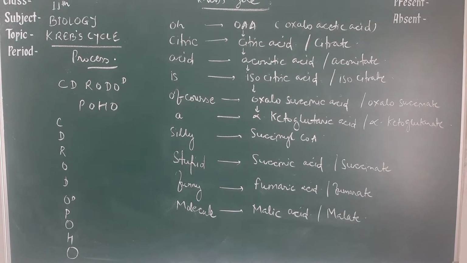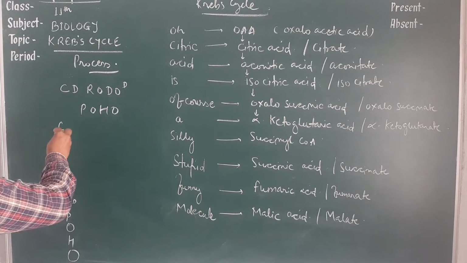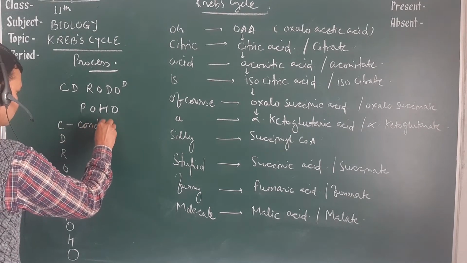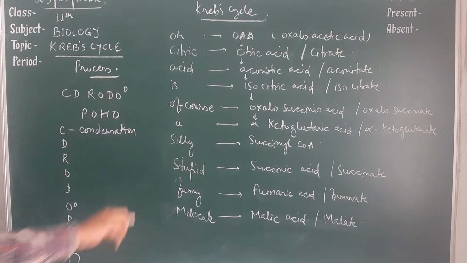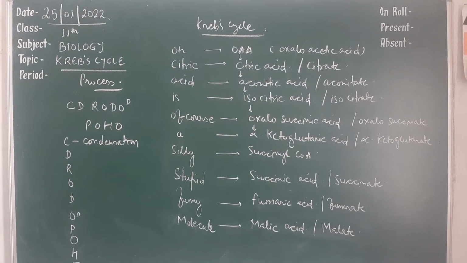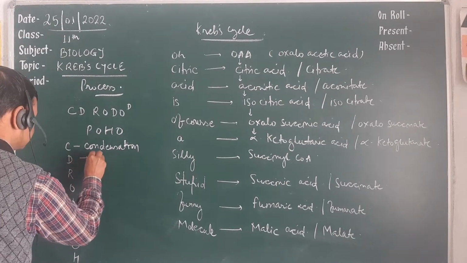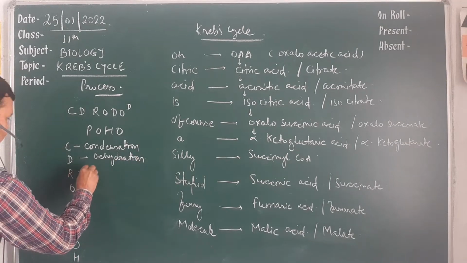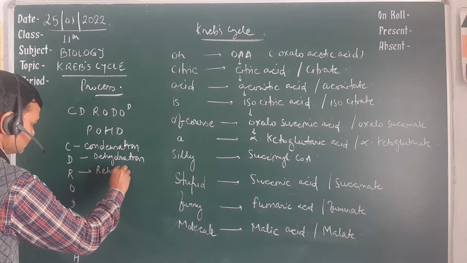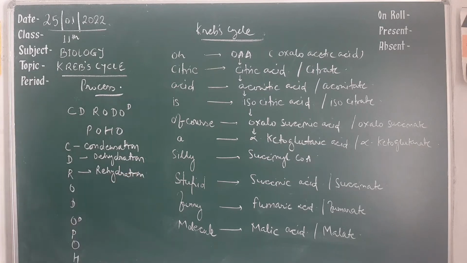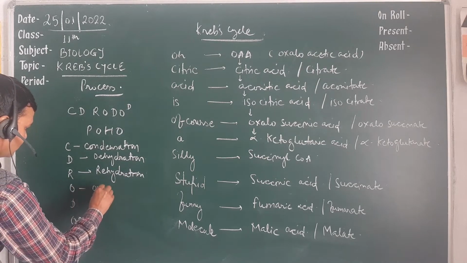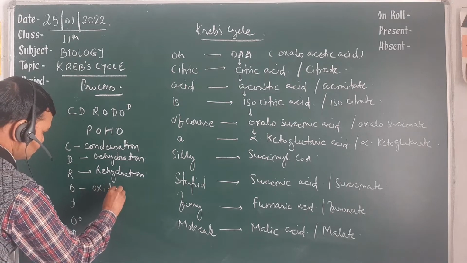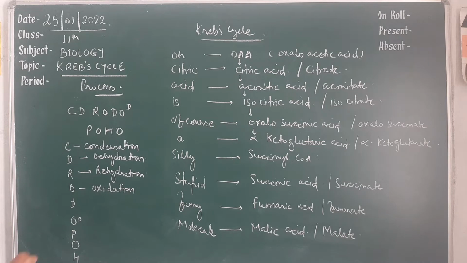Now, what is the meaning of these words? The alphabet C stands for condensation. The alphabet D stands for dehydration. R stands for rehydration. O for oxidation. D for decarboxylation.